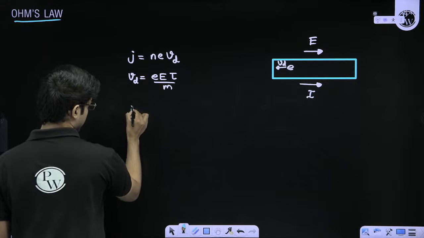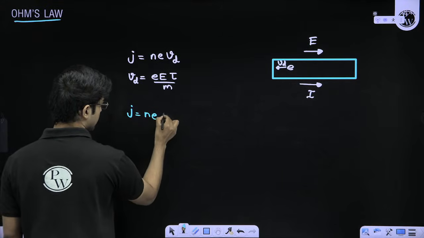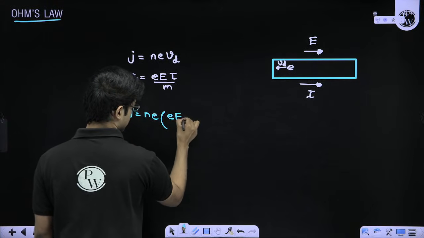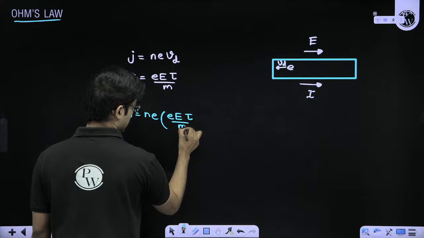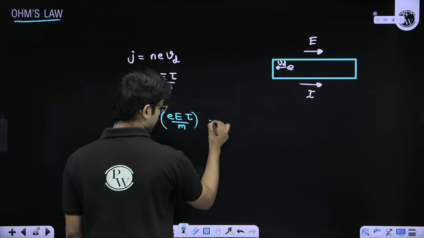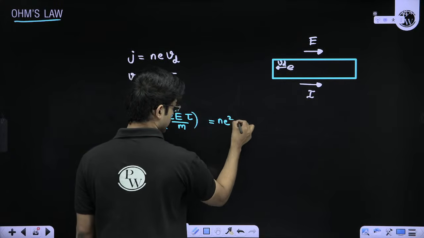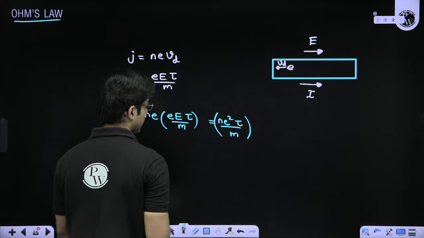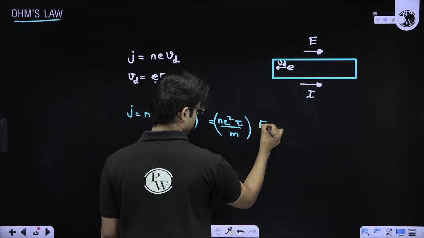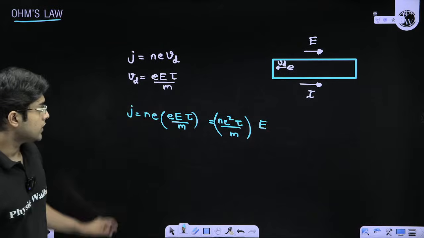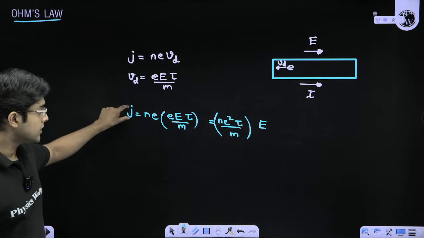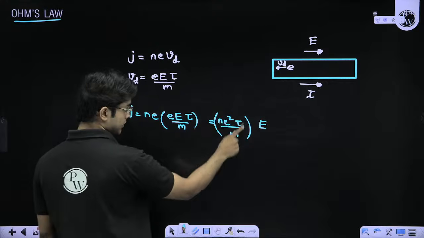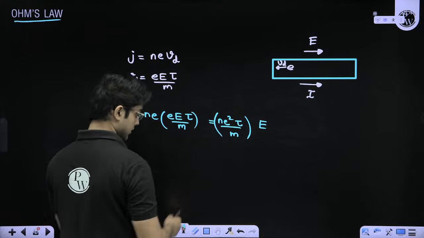So J, I can write it as Ne, and instead of Vd I will substitute this. So this is actually Ne square tau divided by m. So this is a constant factor multiplied with the electric field. It turns out that the current density is actually proportional to the electric field if we keep the other things constant. So these are all constants, right?